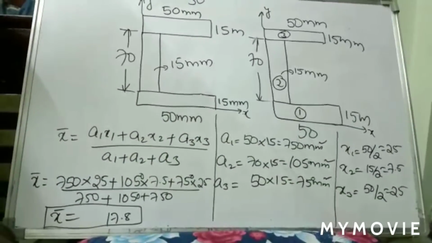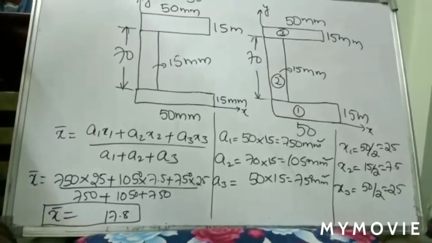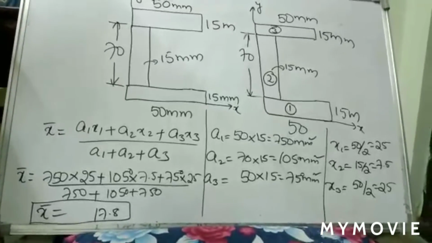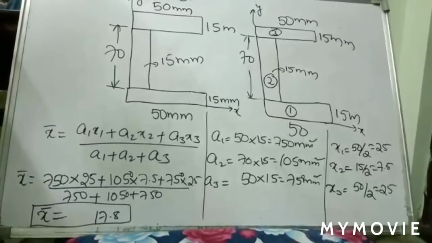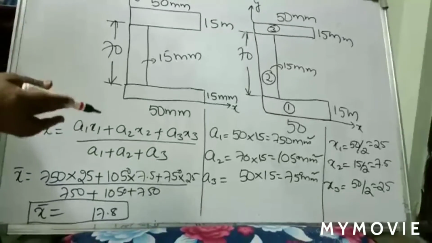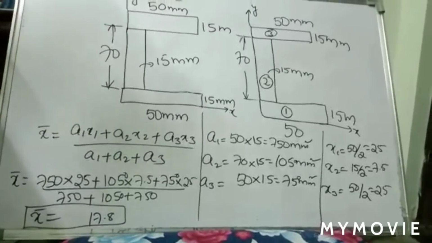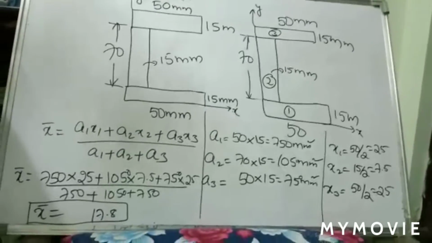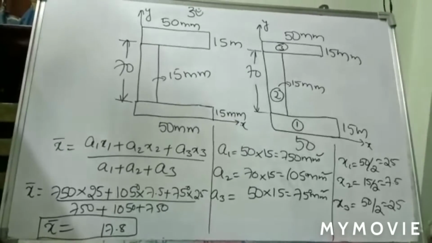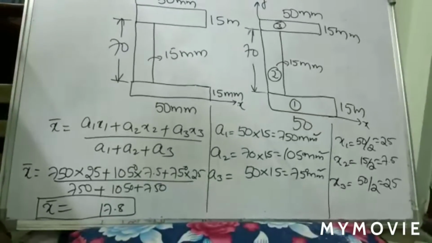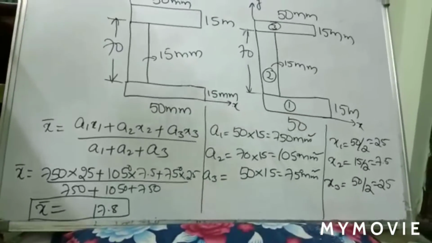In the previous classes I already discussed that whenever you have a section, whatever the type of section it is, whether it is a symmetric section, unsymmetrical section or composite section, first you have to divide the structure into a number of convenient parts.